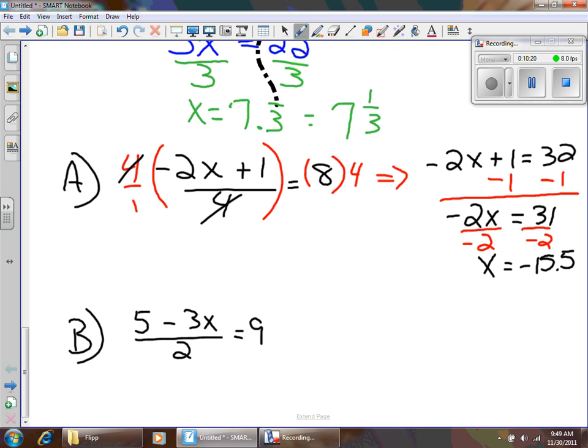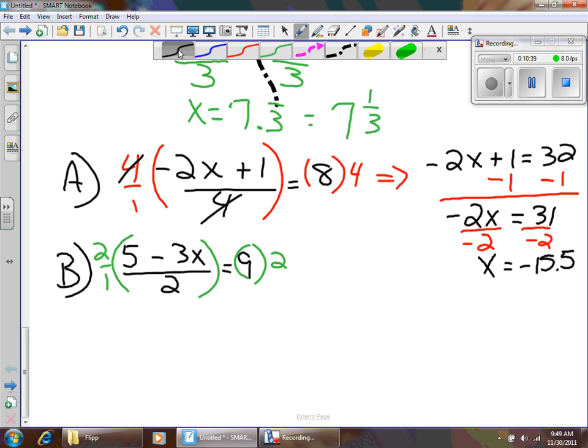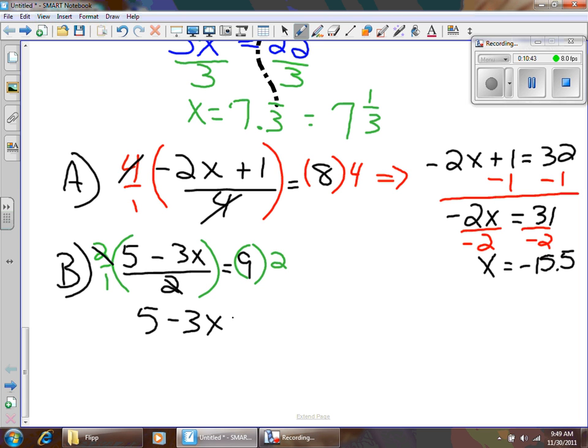All right, very good. If you got that one right, give yourself a pat on the back. All right, problem B, I'm going to move up a little bit so I have a little more room to work. And I need to get rid of this 2 because it's mucking things up. I'll multiply by 2 over 1, multiply by 2 over there, and I will end up with, cancel, 5 minus 3x equals 18.